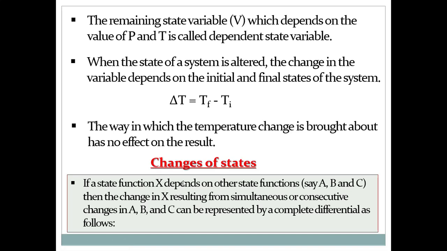So some changes of states. If a state function x maybe depends on other state functions, say a, b, and c, then the changes in x resulting from simultaneous or consecutive changes in a, b, and c can be represented by a complete differential as follows.